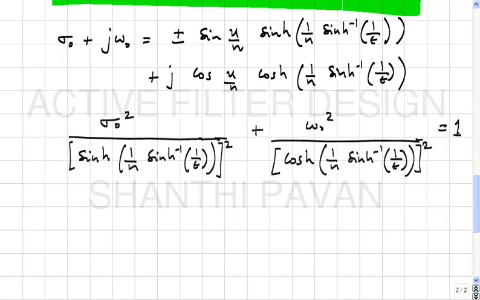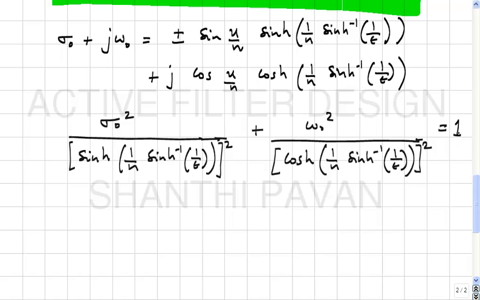So this is of the form x square by a square plus y square by b square is 1. So the question is, any root of the Chebyshev denominator satisfies this equation, which means what is the locus of the roots? It is an ellipse.